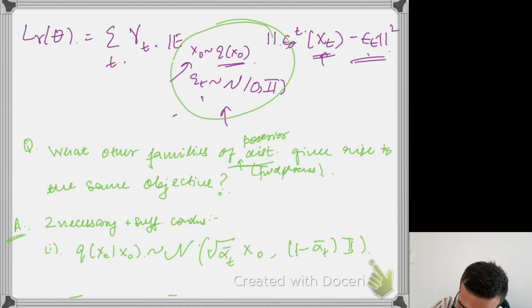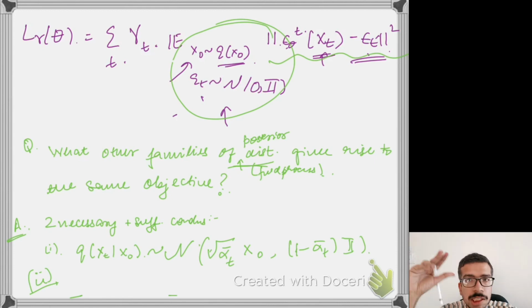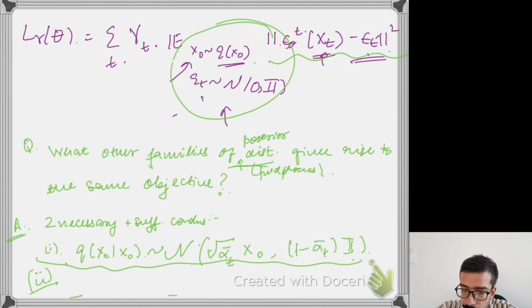The second thing I want concerns how we actually got to this objective. We first expressed it as a squared norm of the difference between the means, which was equivalent to the difference between x naughts, which was equivalent to the difference between the epsilons. The reason it's a difference between epsilons is justified from the first equation itself.